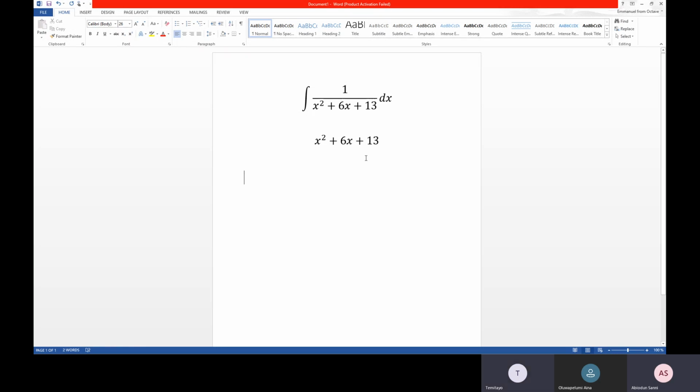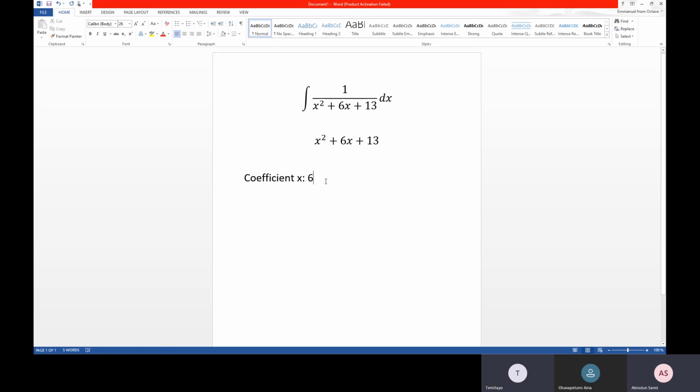It is 6. Is it 1? Yes. Move on. Coefficient of x is 6.